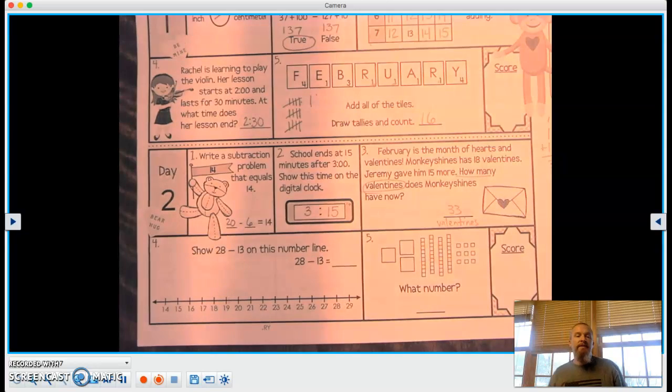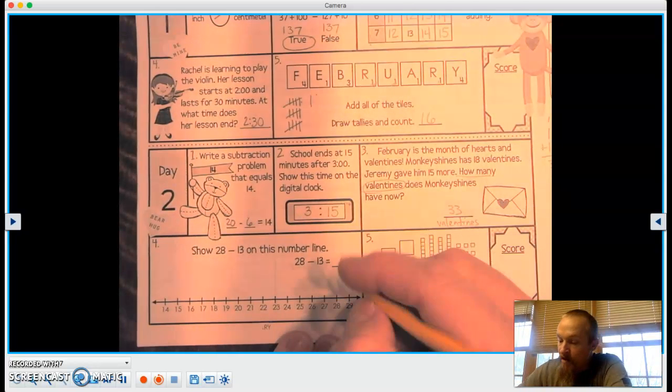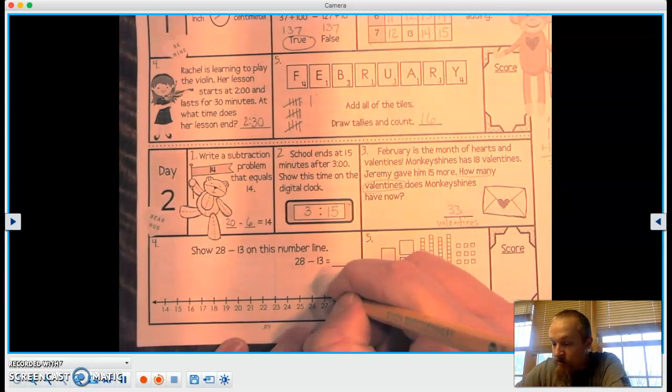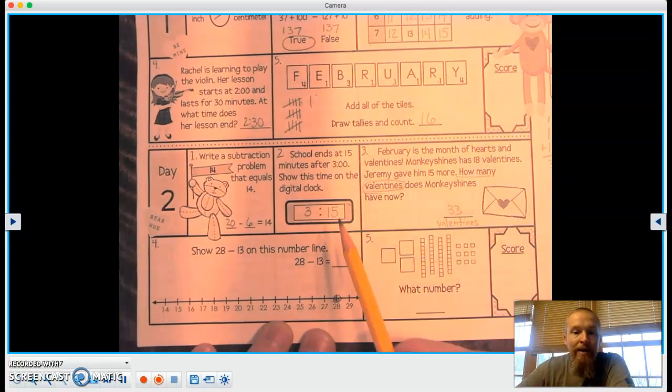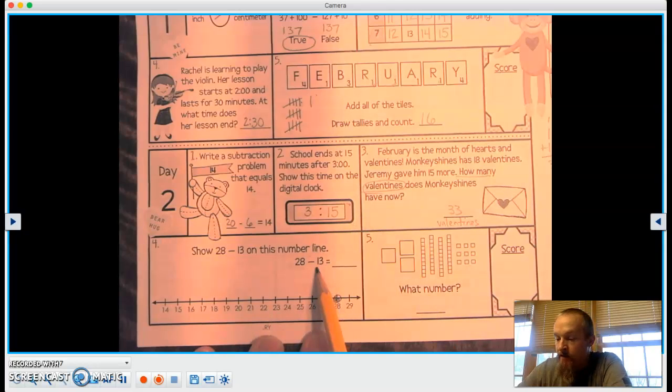All right, number 4 says, show 28 minus 13 on this number line. So we're going to start by making a mark up here at 28. Now we're going to take a 10 off of that. So we're going to take away a 10. So 28 goes to 18.